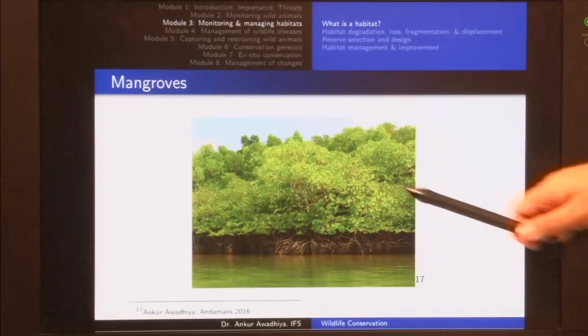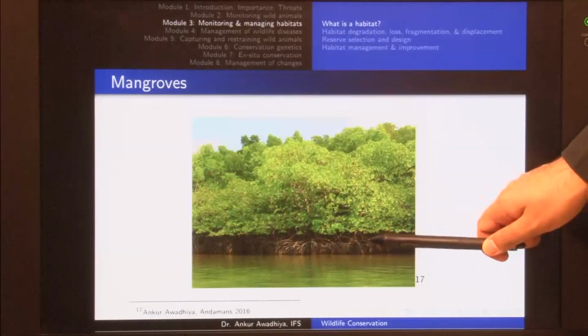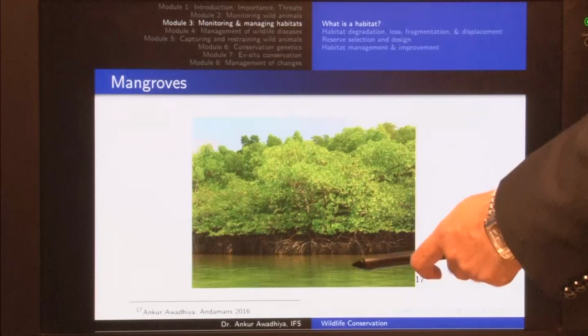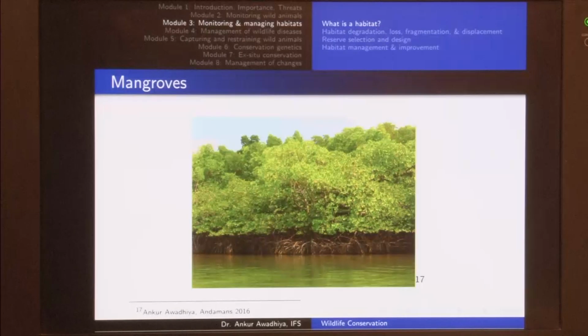Why? Because the roots have a very mesh-like structure even down into the water, and these become very good spawning grounds for fishes, because if a fish has laid its eggs inside of these mangrove roots, then it is difficult for predators to come into that area and eat those eggs.